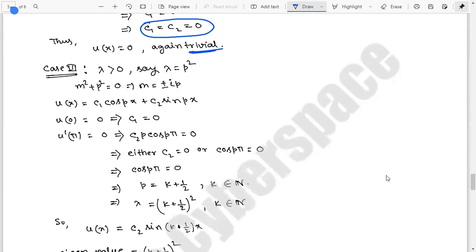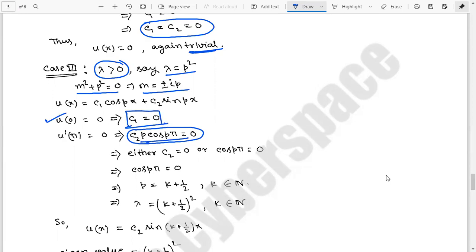In case 3, we are taking positive eigenvalues, λ greater than 0. So let us consider λ = p². The auxiliary equation is m² + p² = 0, and we get m = ±ip. Using the boundary conditions, from the first boundary condition we get c1 = 0, and we get c2 p cos(pπ) = 0.